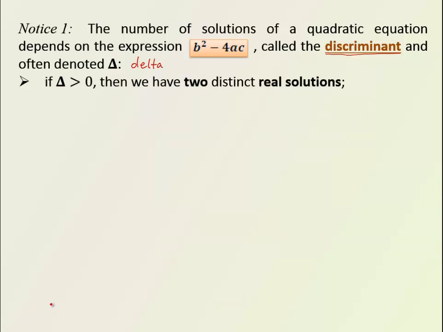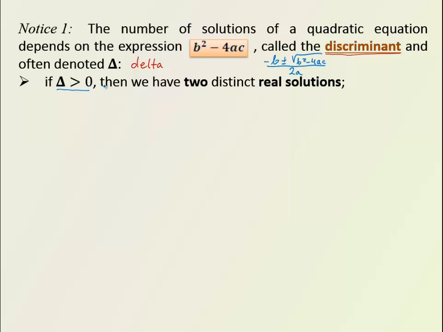So how can we tell what type of solutions we have? Let's recall again the quadratic formula, negative b plus minus square root of b squared minus 4ac over 2a. Notice that because of this plus minus, as soon as the discriminant is bigger than 0, as soon as delta is bigger than 0, we will have two possibilities, two roots, one with plus, one with minus.